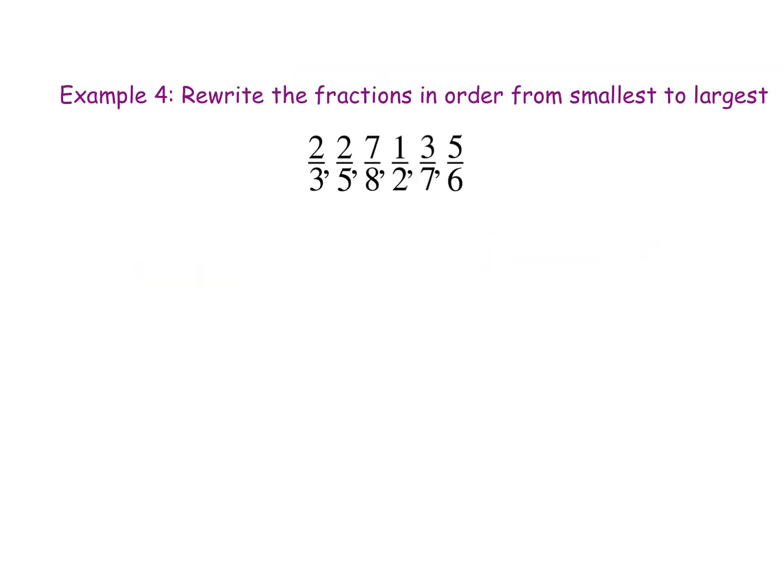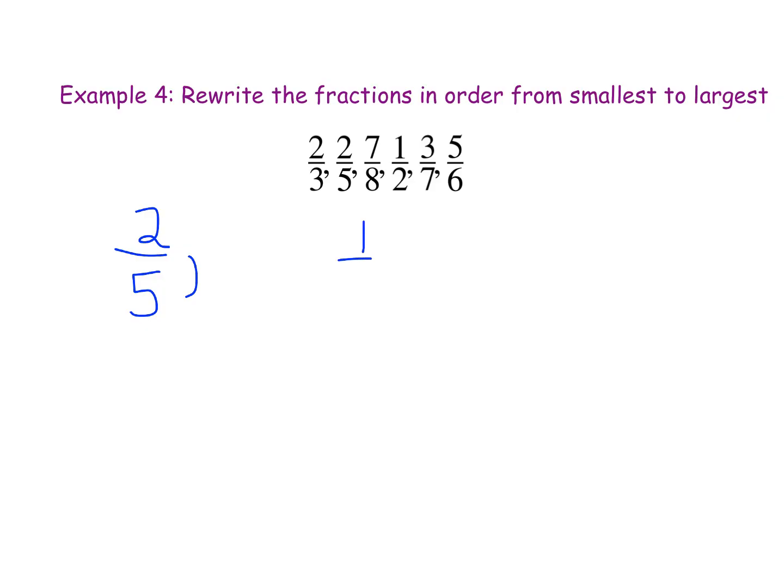So let's take a look at these fractions and see how we're going to order them from smallest to largest. One thing we could do is group them as fractions that are over a half and fractions that are less than 1/2, and at least then we would have sort of lowest and highest groups. So if I'm looking for fractions that are less than 1/2, that would be 2 over 5.